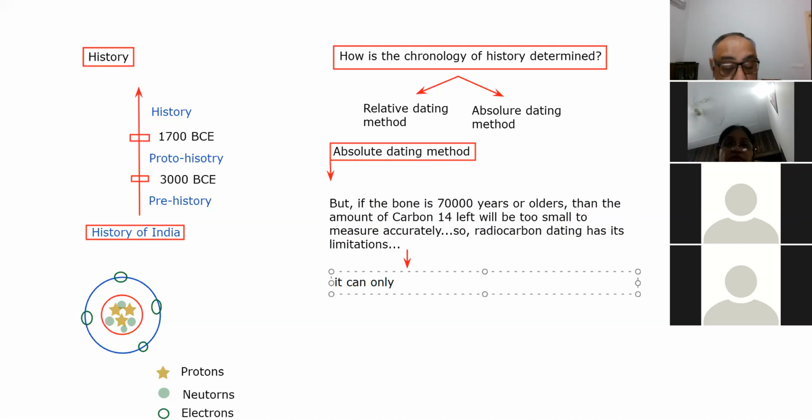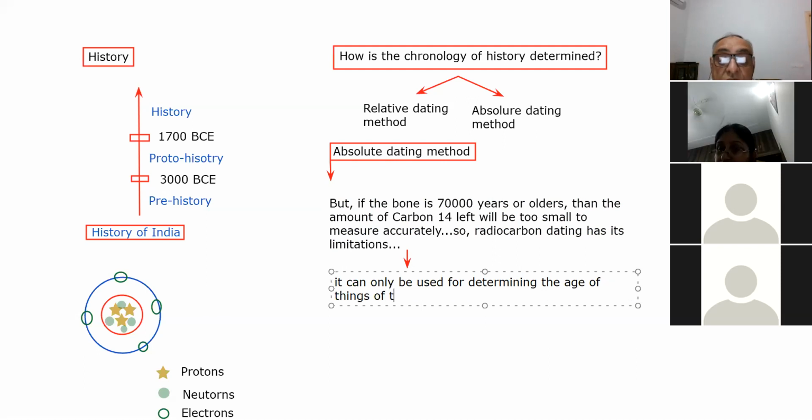It can only be used for determining the age of things of the recent past, because the things which are older than 70,000 years, their age cannot be known by the radiocarbon method, right?